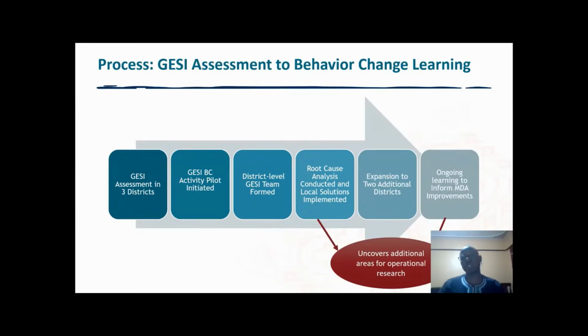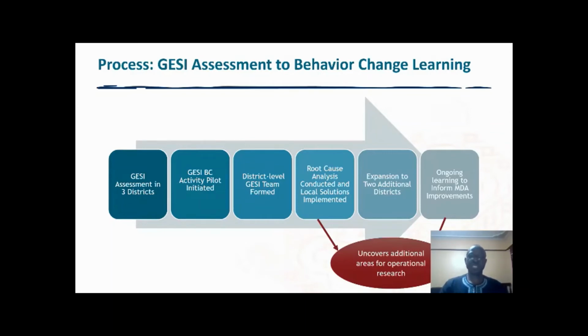So the district GESI team that was formed together with the route agents reviewed the MDA registers and identified the communities that had missed MDA, and from these community members they formed 2 cohorts, 1 cohort per health facility catchment area, and each cohort was comprised of about 30 people.